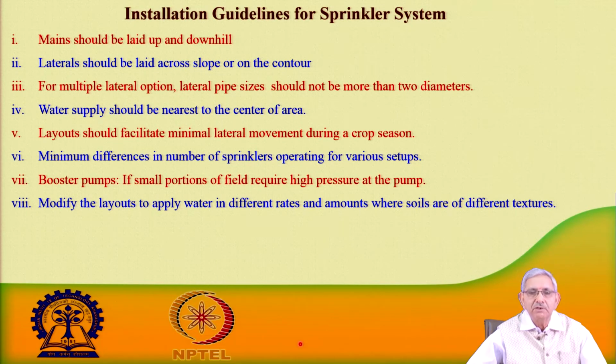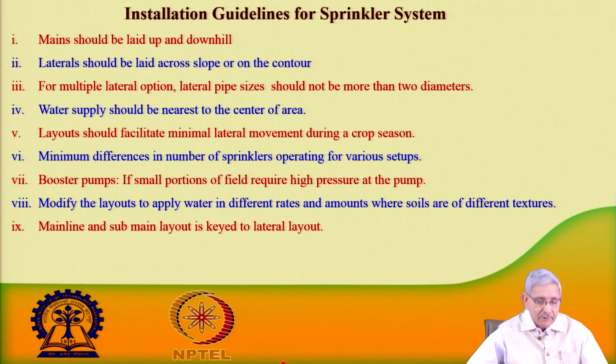Suppose it is a very large area and you may find that soils have different textures. So, they will have different infiltration capacity, so the water application rate will be different. There we need different types of sprinkler systems and nozzle sizes.